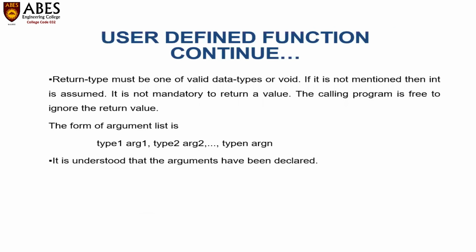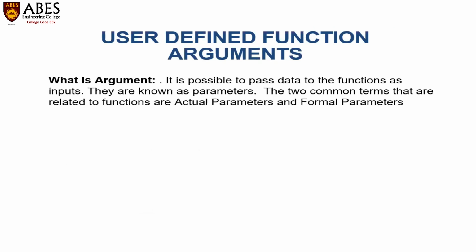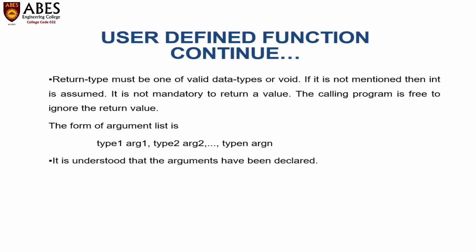What is the return type? What is return? The function return type is by default int. If you are not mentioning any return type before the function name, then int appears by default. So your function needs to return.